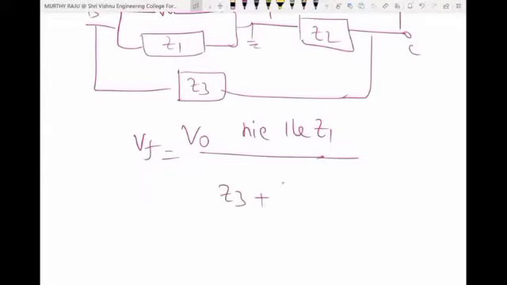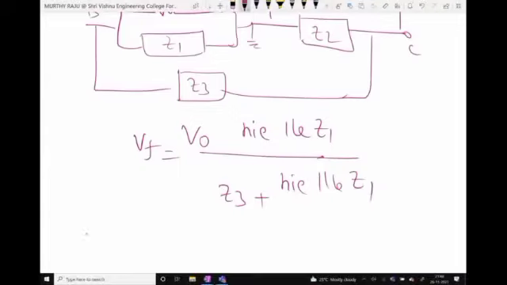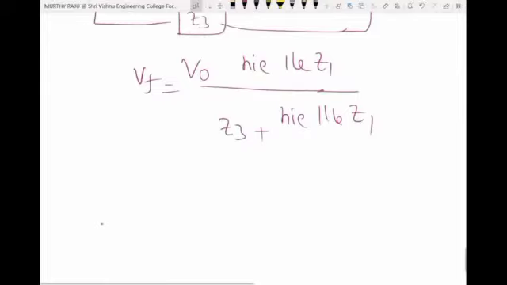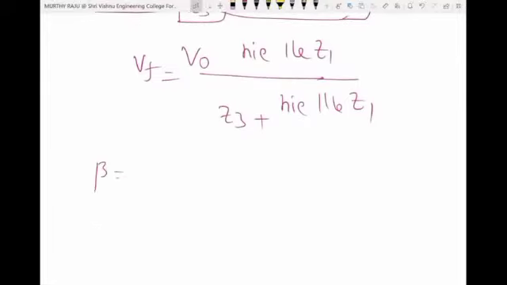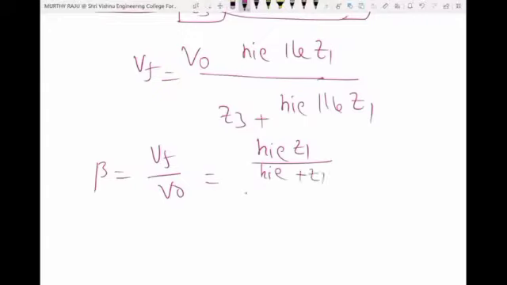Z3 plus HIE parallel combination of Z1. We know that beta is equal to Vf by V0. V0 is the common term. HIE Z1 by HIE plus Z1 divided by Z3 plus HIE Z1 by HIE plus Z1.